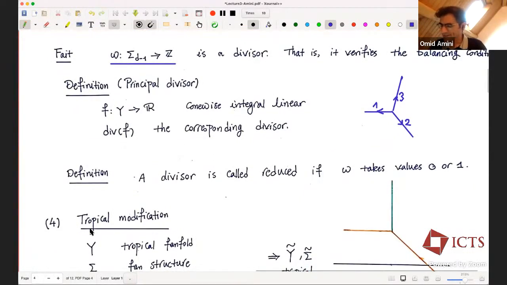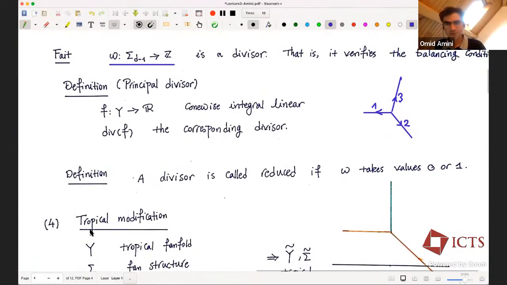Why is this central, why is this important in what we want to do? First of all, I explained how you can associate to any function a divisor. That is this notation, the divisor of f, this weight function. And we call this divisor reduced if the weights you get are all 0 or 1.